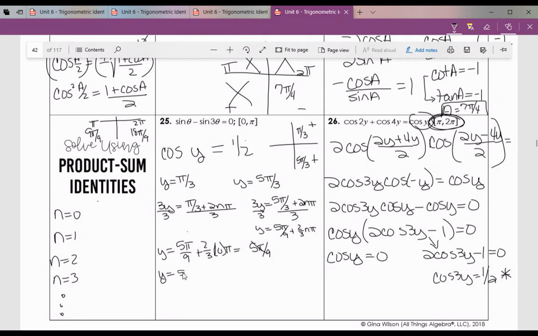Y equals 5 pi over 9 plus 2/3 times 1 pi. So 5 divided by 9 plus 2/3 gives me 11 pi over 9, and that is in my interval.